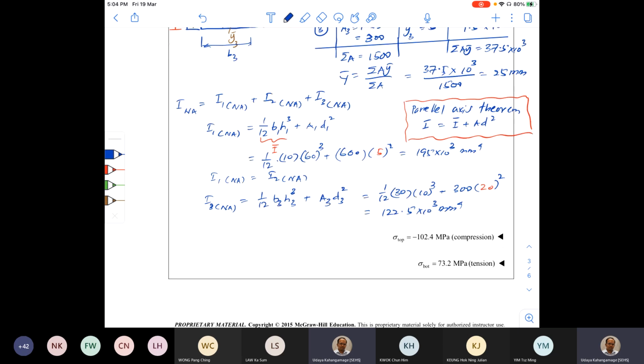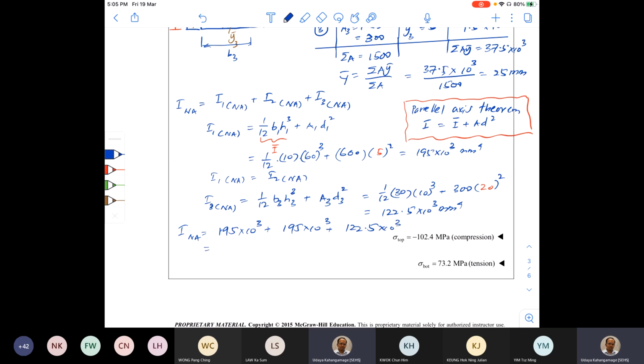Okay, right. And now it's simple, because I found out the value of the I, total value of the I, by adding them together. So I_NA is equal to 195 times 10 power 3 plus 195 into 10 power 3 plus 122.5 into 10 power 3.